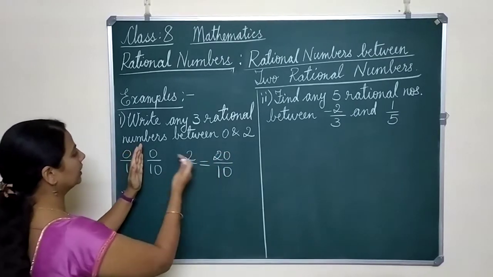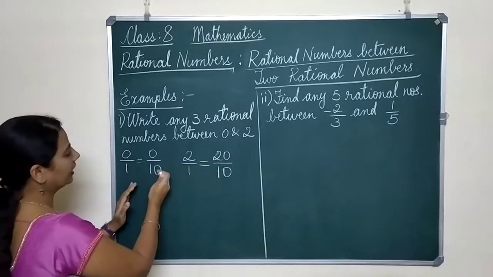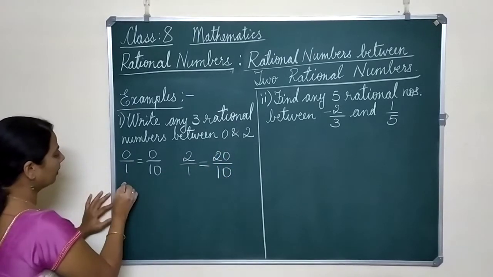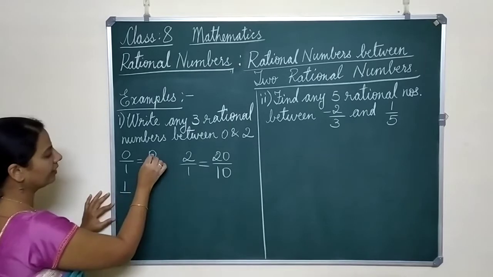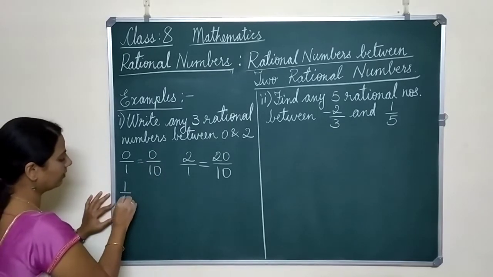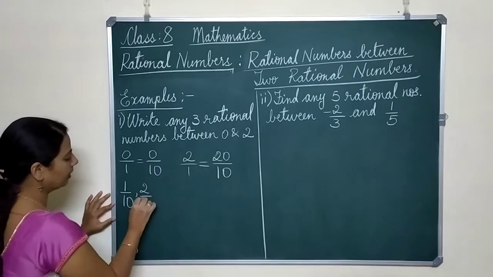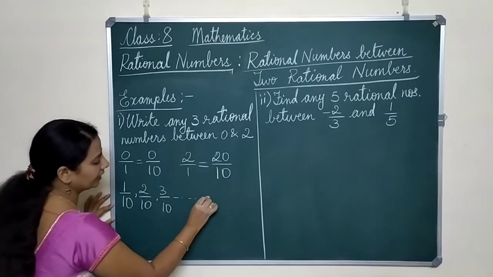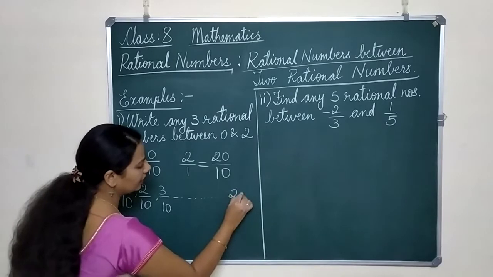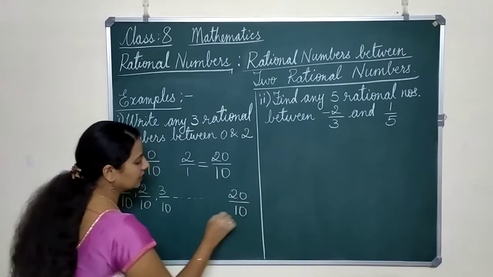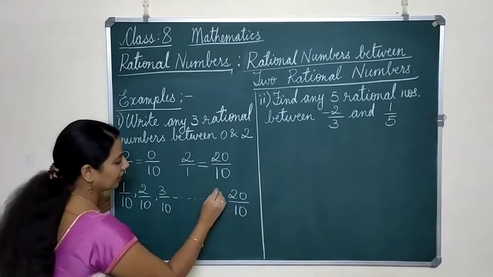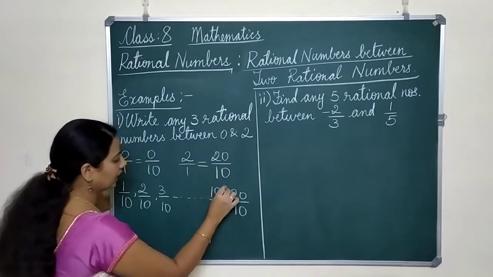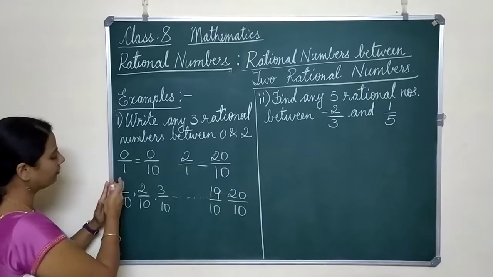Now that I have these two numbers, 0 by 10 and 20 by 10, I can go on writing the numbers. After 0 comes 1, so 1 by 10, then 2 by 10, then 3 by 10. Like this I can go on till 19 by 10.